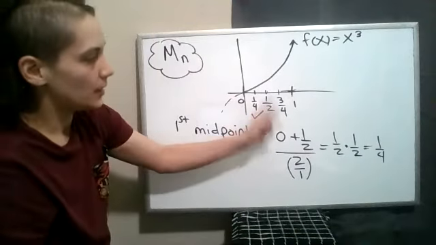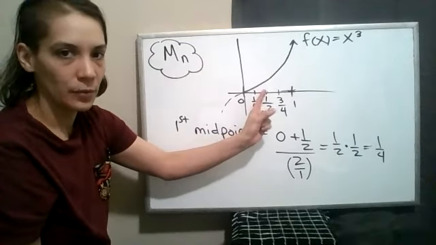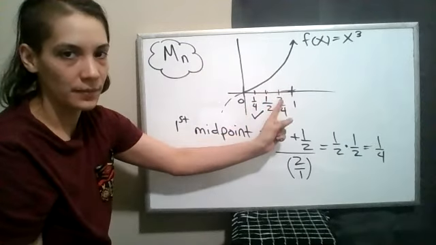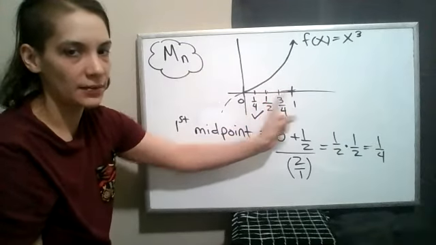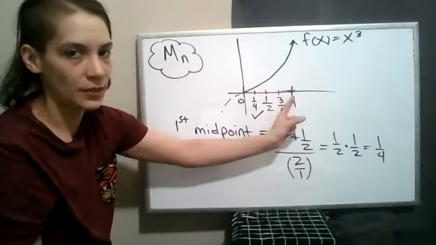Let's check this one out. So my other interval went from 1/2 to 1, and the midpoint is to take 1/2, add it to 1, divide by 2.